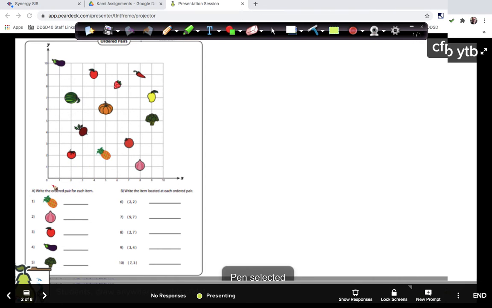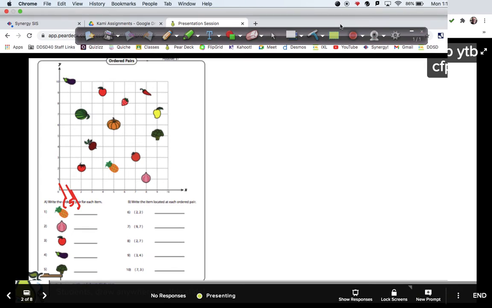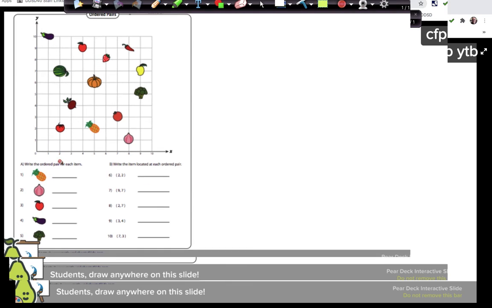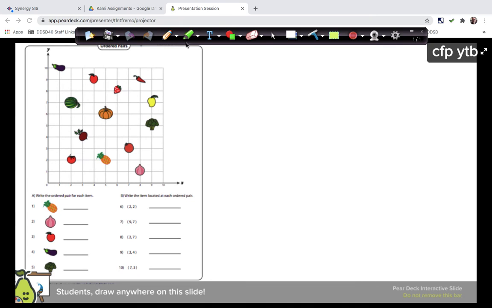I know why it is doing that, because I'm zoomed in. All sorts of issues today. So we can't zoom in. Zoom back out and just see if I can read it.